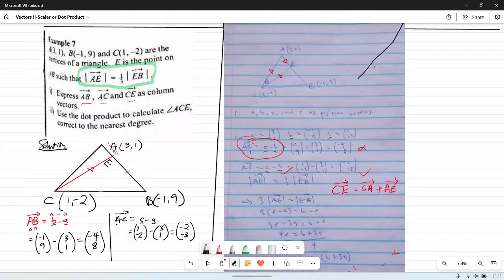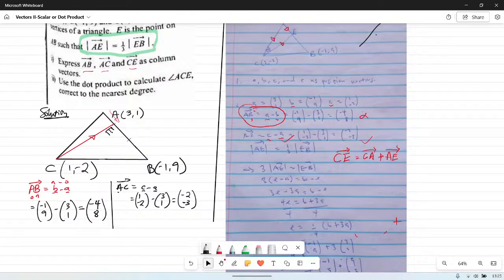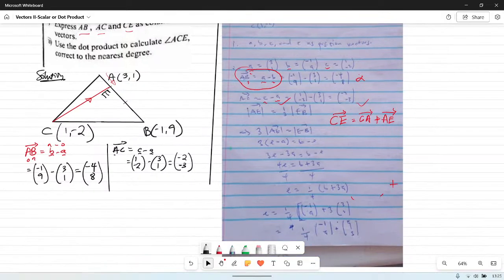Okay, I get your point, the magnitude. So you found E. Okay, so now what is the value of your E? Okay, we can solve it from here. Is it 9, 12? Then you multiply by 1 over 4, giving you 2, 3. Okay, so now this is the value of E.